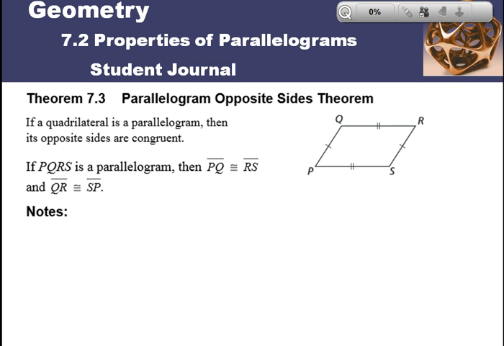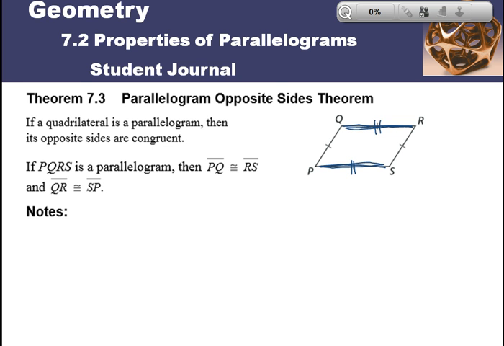So right here it says that QR, so here's QR, right here is equal to PS, because those are opposite sides, so they're not just parallel, they're equal. And again, we use these hatch marks to indicate equality.